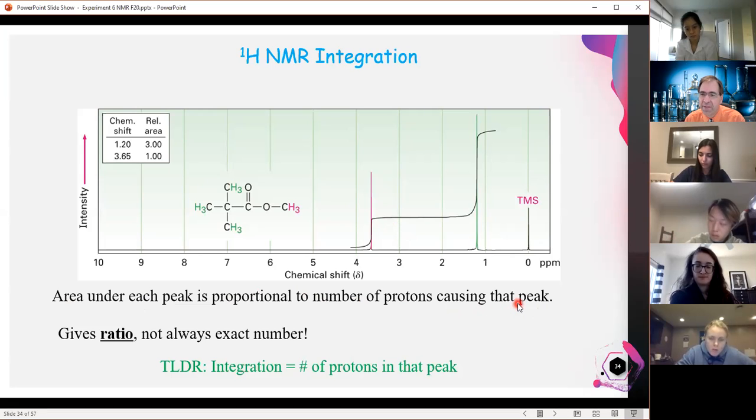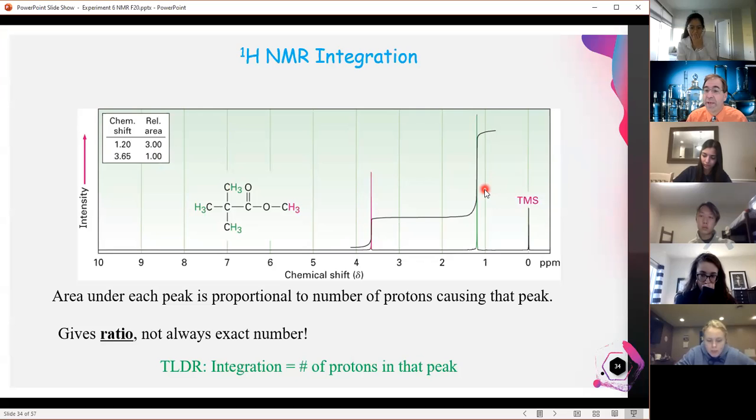I emphasize that because in a minute we're going to talk about next door neighbors. Here we're saying the protons that give you this signal and how many there are. Now notice that it always gives you the ratio, not the exact number. So when I look at this trace that's going through here, this black line, that is the integration. That's the computer figuring out relatively how much is each thing to each other. And when it comes out, it says that the height or the area under this peak is 1 to 3.